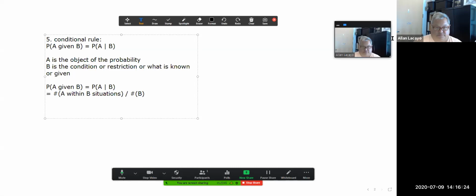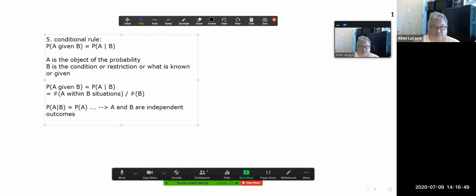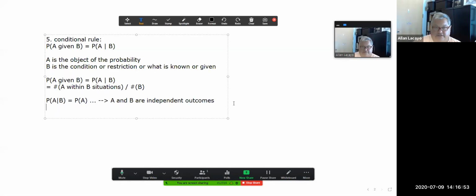The result could be that the probability of A conditional on B is equal to just the probability of A overall. In this case, what we say is A and B are independent outcomes. So that's an important way of identifying how two things may be unrelated.